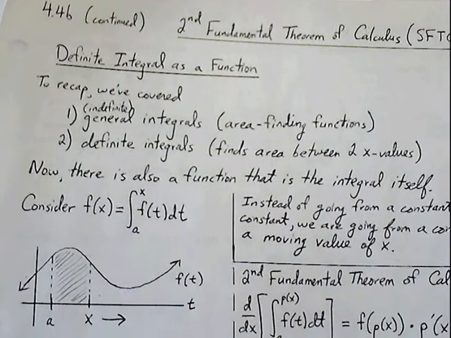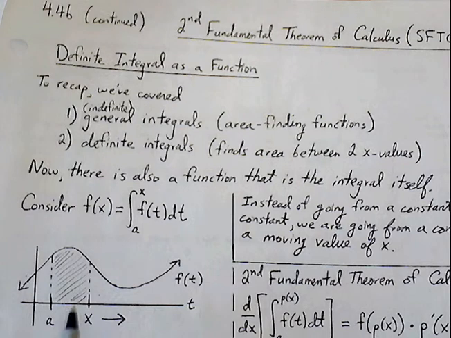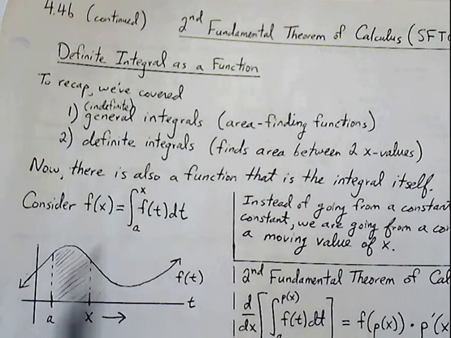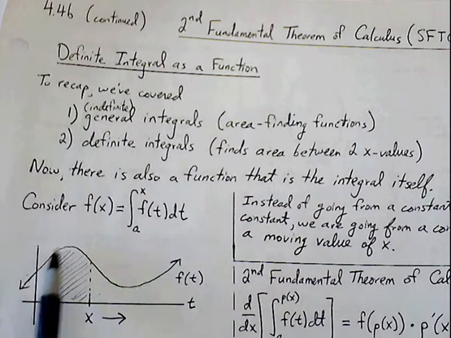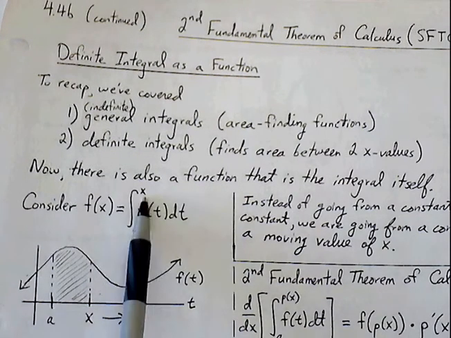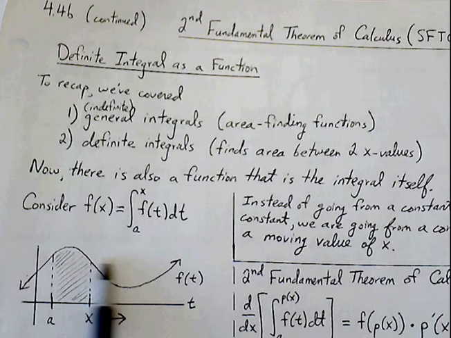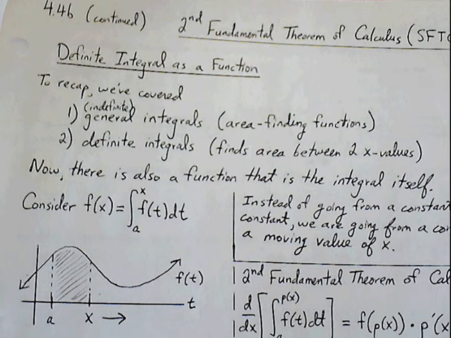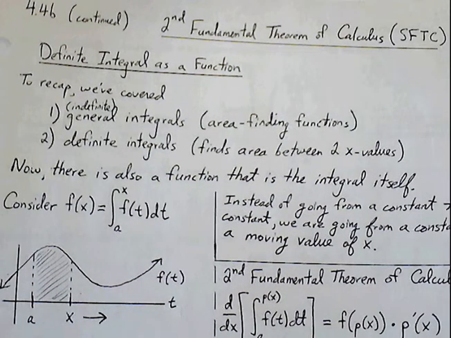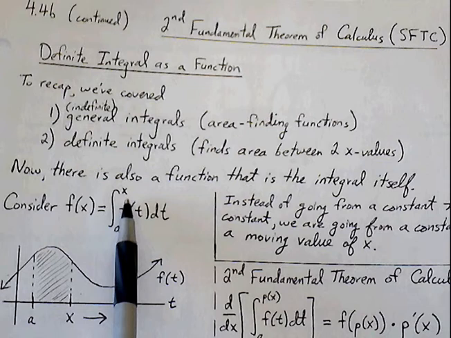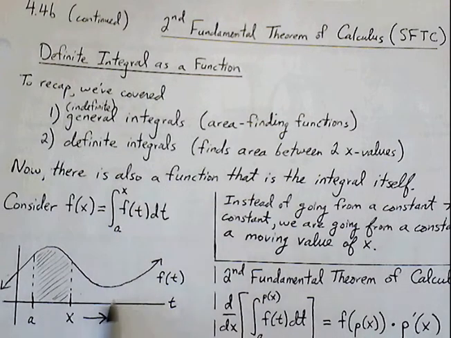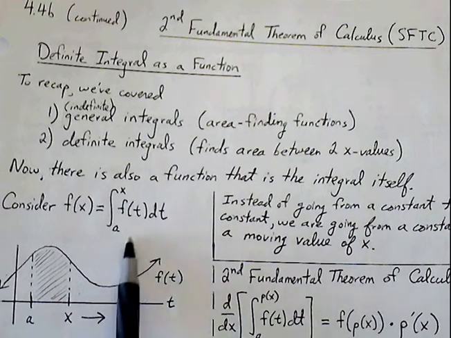What's representative of this integral function is, let's say we have a left endpoint of a, but the right endpoint is a moving variable. So if we want to find the derivative of a function that has a b value that is moving, or a right endpoint that is moving, then we have a rule for that.